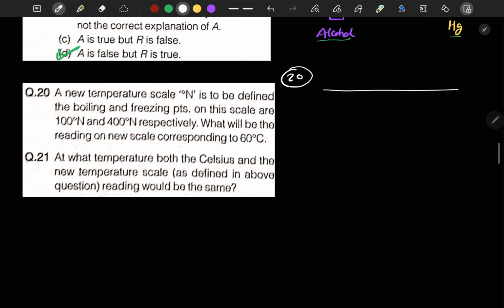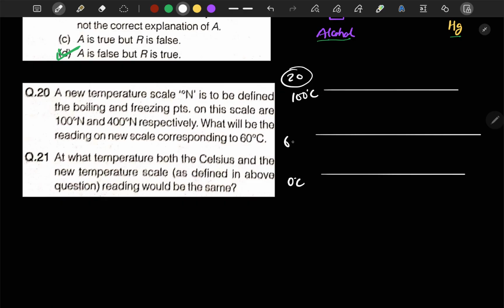Let's say these are the lines for the ice point and boiling point, and this is a reference intermediate line. The ice point will be 0 degrees Celsius, the boiling point 100 degrees Celsius, and this is corresponding to 60 degrees Celsius, which is asked.